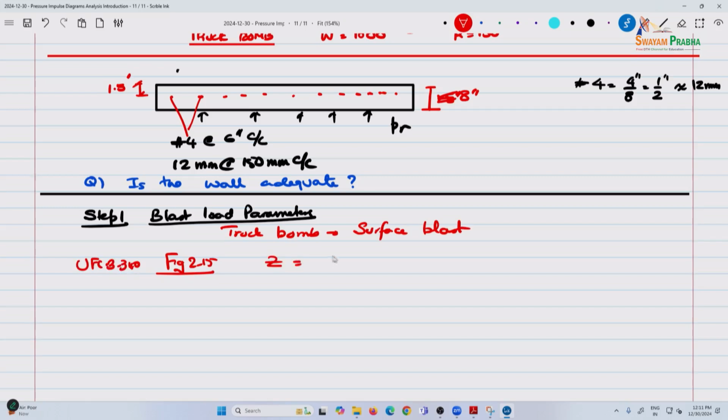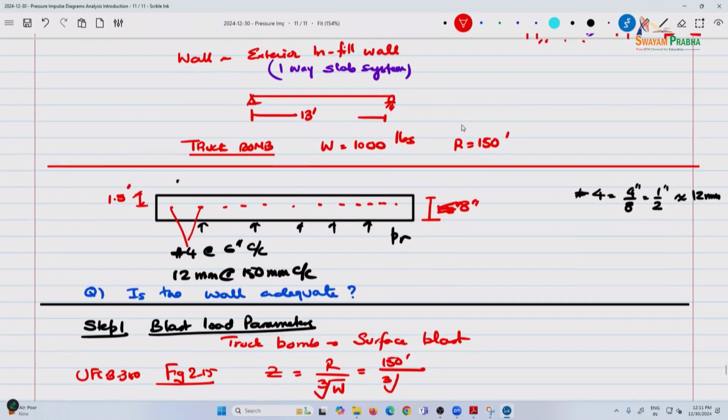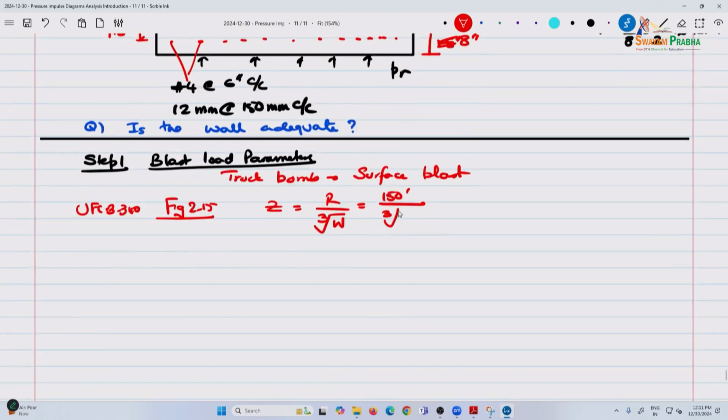Z is R by cube root of W, which is 150 feet by cube root of the weight, 1000 pounds. So this is 15 feet.